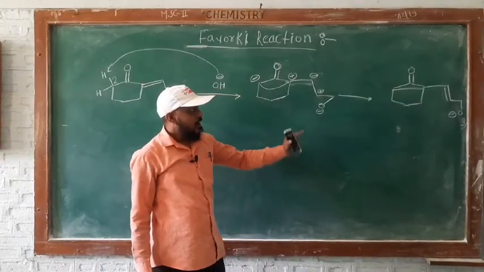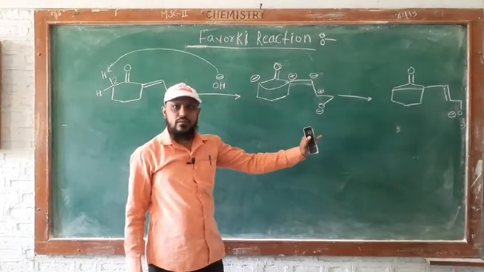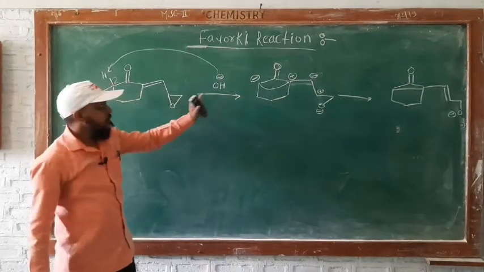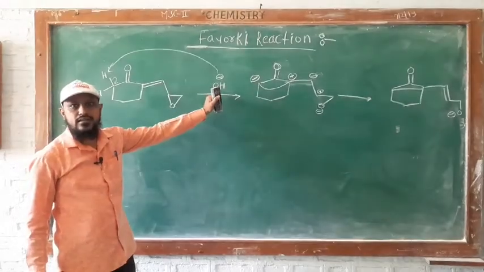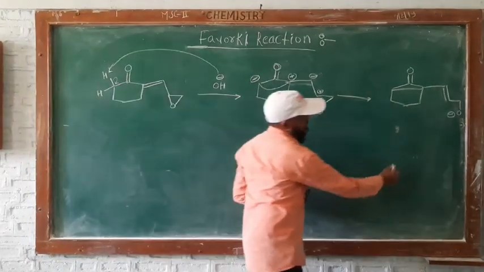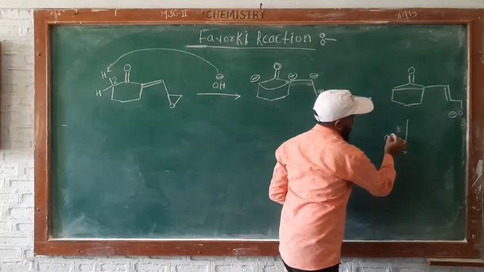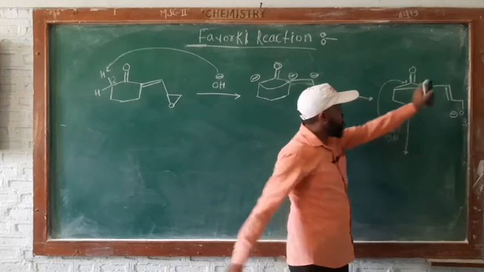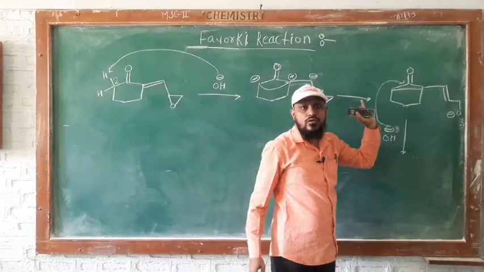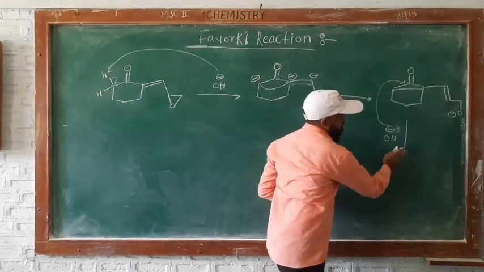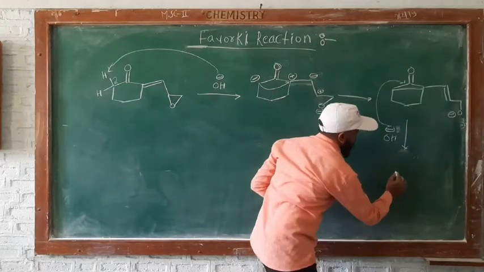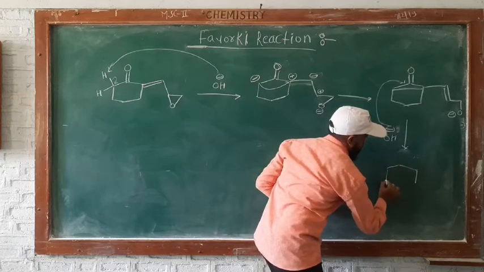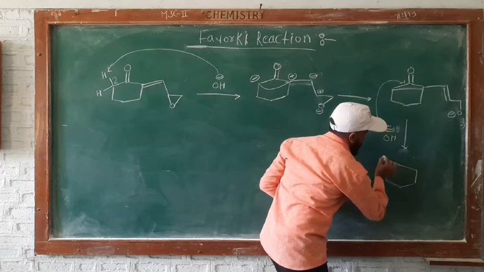After the formation of this intermediate product, the remaining reagent attacks as a nucleophile on this electrophilic carbon atom of the carbonyl compound. So by the attack of this nucleophile OH we will get this type of intermediate product here.